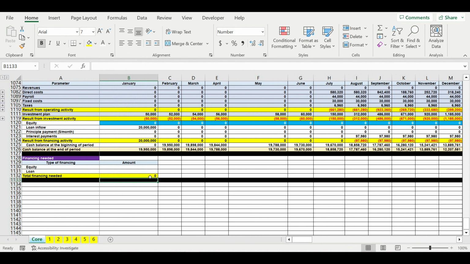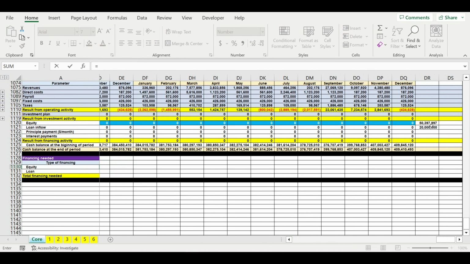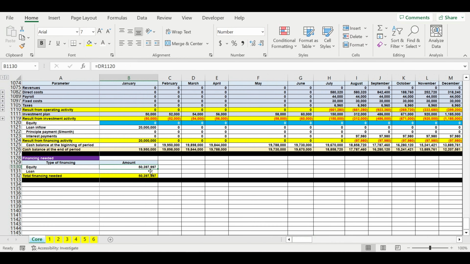So these formulas I will be pulling from the end of the cash flow. So now I know how much financing I need in this particular scenario. But what is the problem of this story? The problem is that I was putting these values manually.